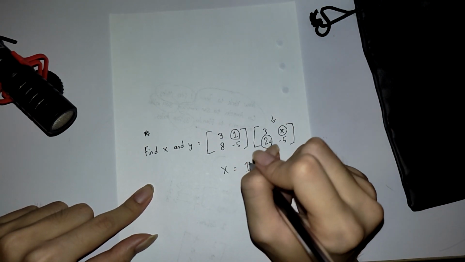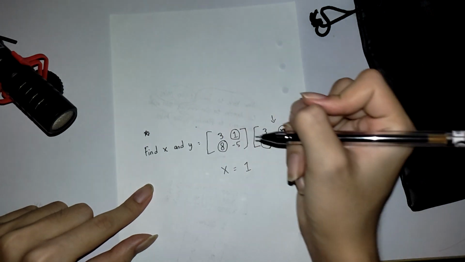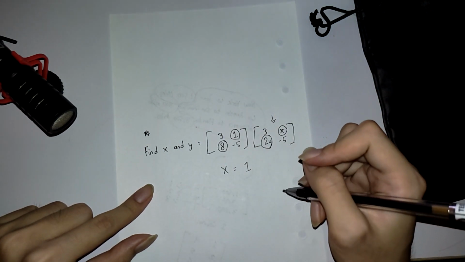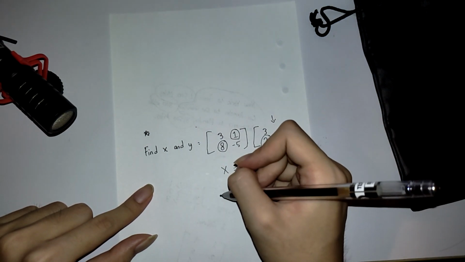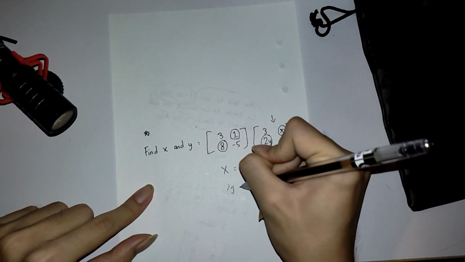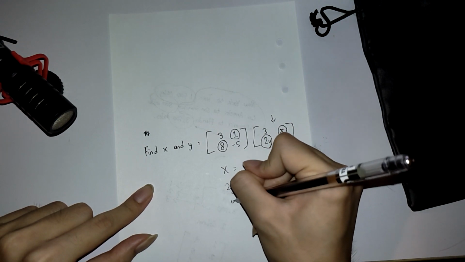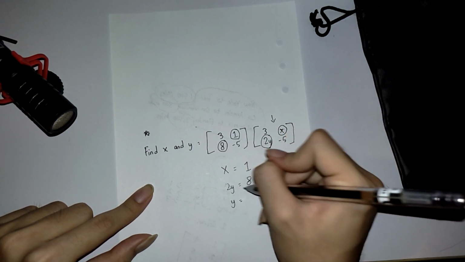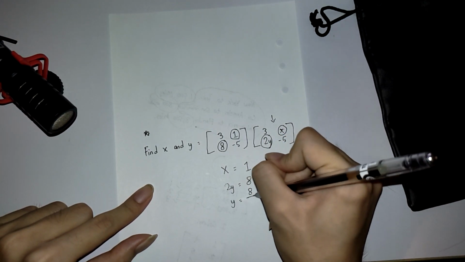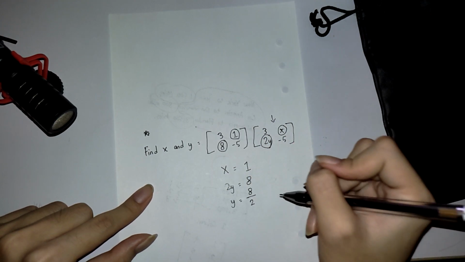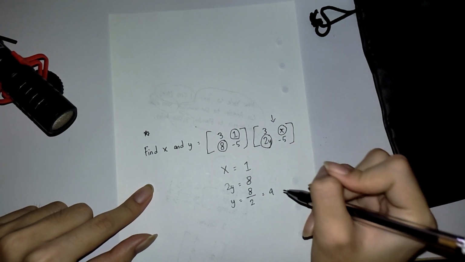It's in the exact same position as number 8 in the first matrix. So, it becomes 2y equals 8. Now to simplify it, we need to move the 2 over to the 8. So, 8 divided by 2 is 4.